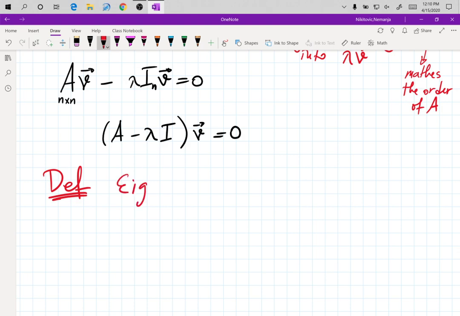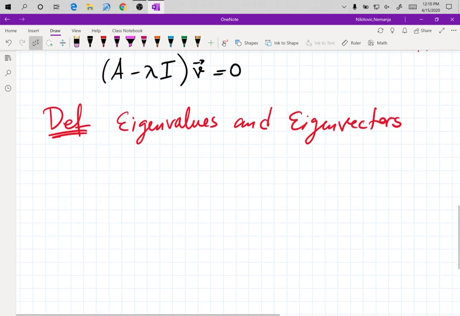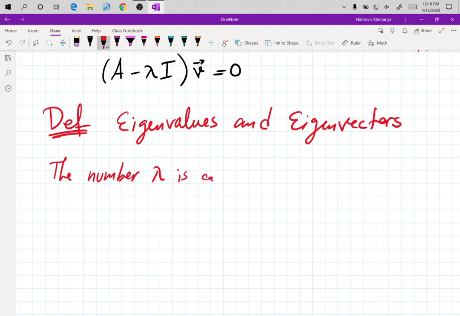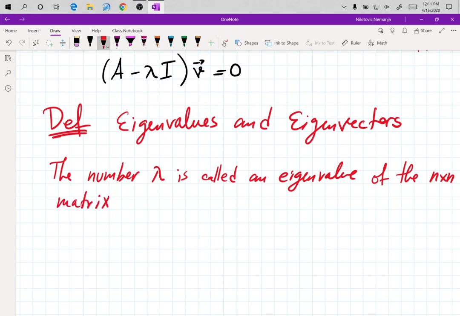So now we get to define eigenvalues and eigenvectors. The number lambda, which could be 0, is called an eigenvalue of the n by n matrix A if determinant of A minus lambda I is equal to 0.